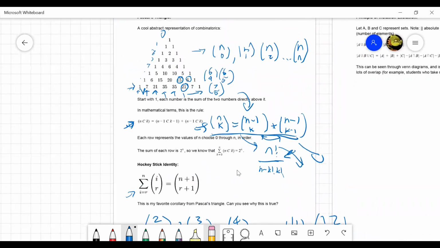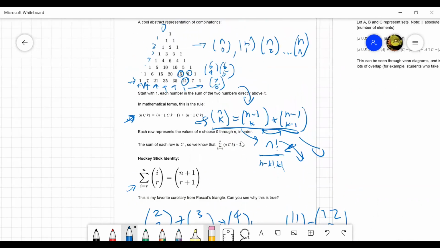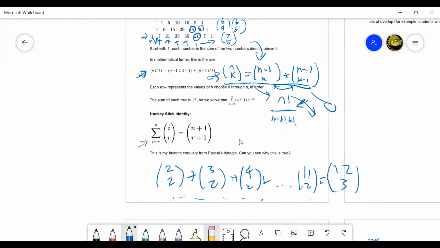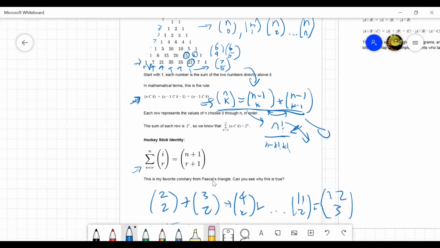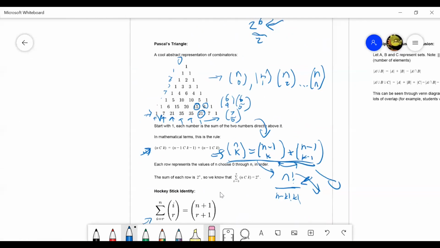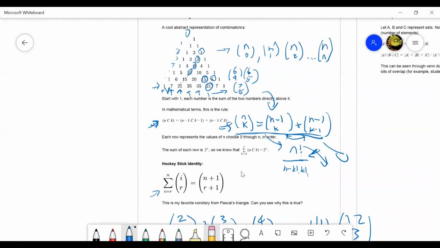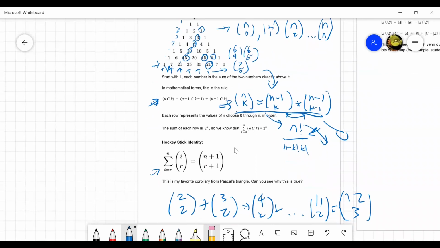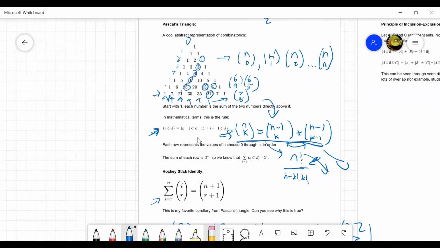I'm just going to illustrate this here. Essentially, we can locate all of these points on the triangle. They're, let's say, 2 choose 2, 3 choose 2, 4 choose 2, and so on. And obviously, the triangle doesn't go all the way up to 11, but let's say we stop here at 5. So let's say we're only going up to 5 choose 2, right?